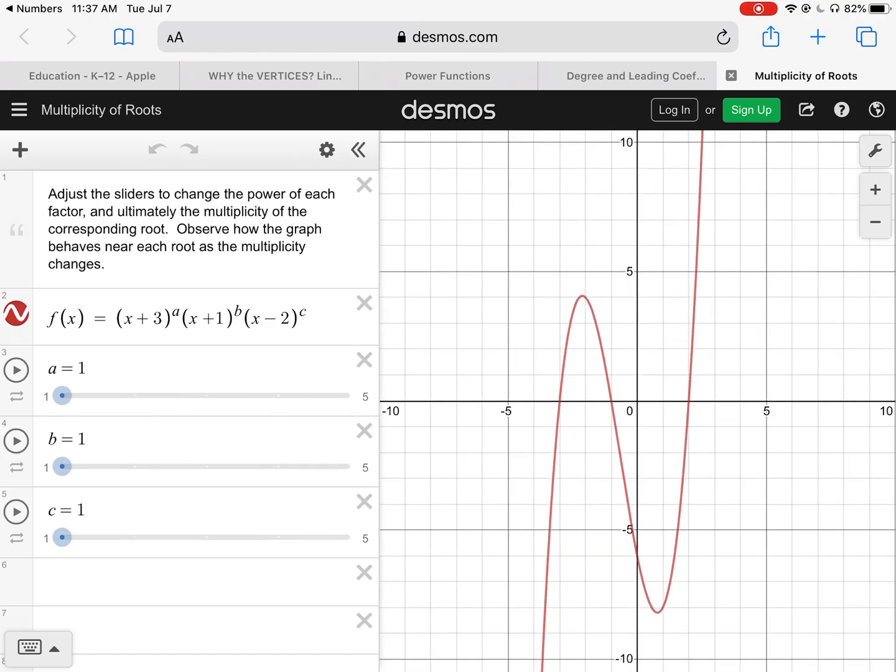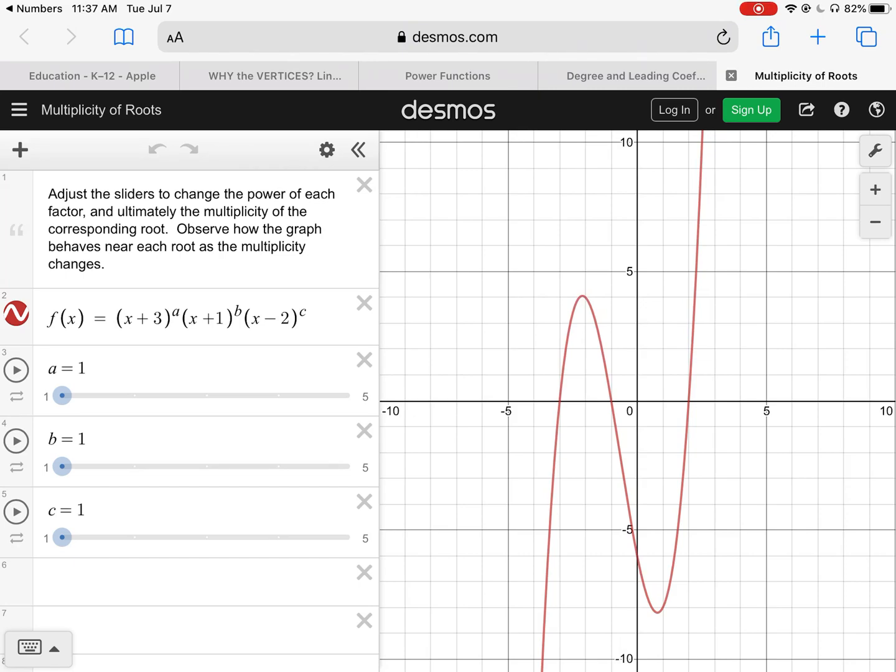It's in its factored form. And I have the powers on each factor set to be sliders so that we can adjust the values of them, okay? So notice the first factor is x plus 3. That means it would have an x-intercept at -3, or root at -3. Then we have x plus 1, root at -1, and we have x minus 2, root at +2, okay?